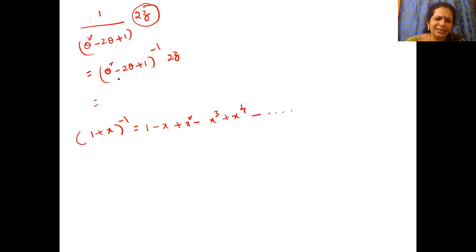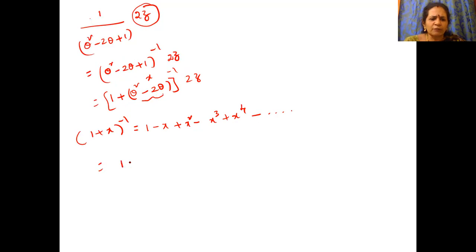Now rearrange these terms: first take 1, after that D square minus 2D. So this is in the form of a whole inverse into 2z. Let this be x. So this is in the form of 1 plus x whole inverse into 2z, right? So use this formula here.